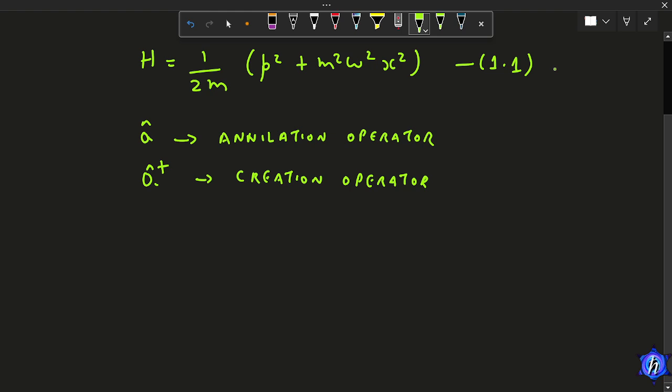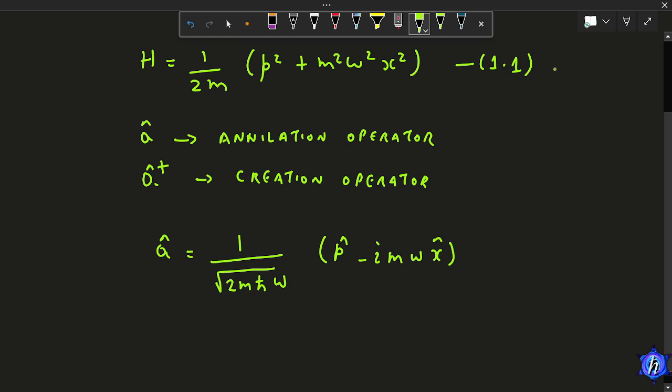I'll define my annihilation operator as 1 upon under root 2m h cross omega, p cap minus i m omega x cap.